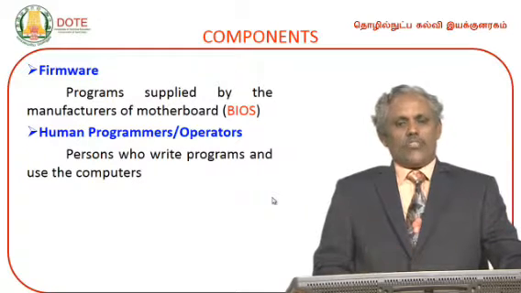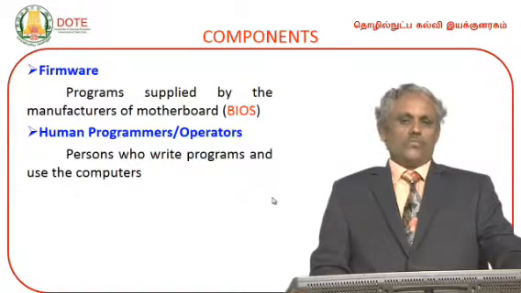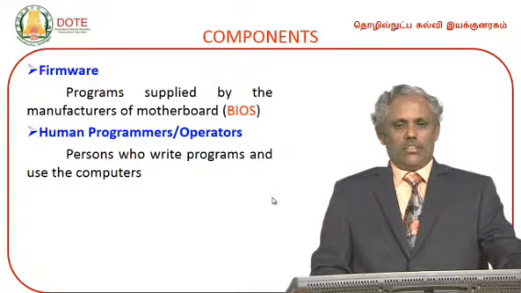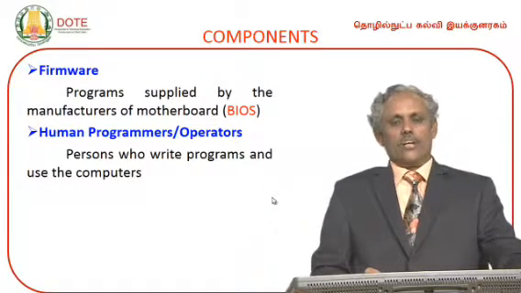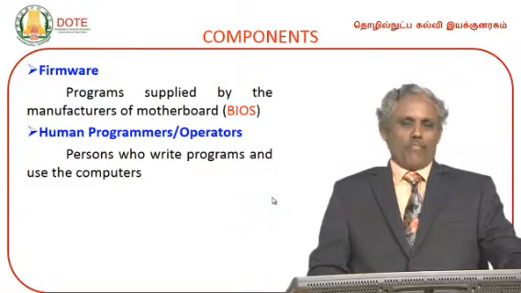The other software which is built into the system and supplied by the manufacturers of the motherboard is called firmware. So, firmware is a collection of programs supplied by the manufacturers. They come with the motherboard, like BIOS ROM.